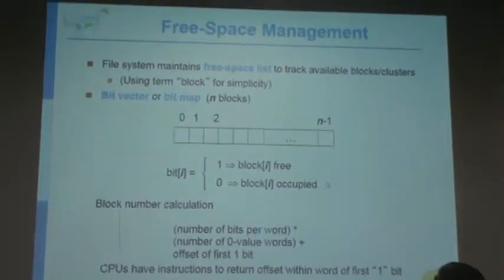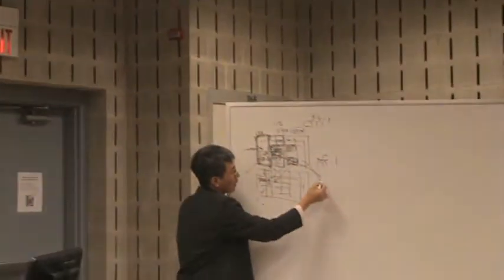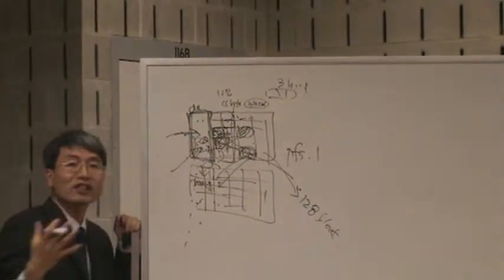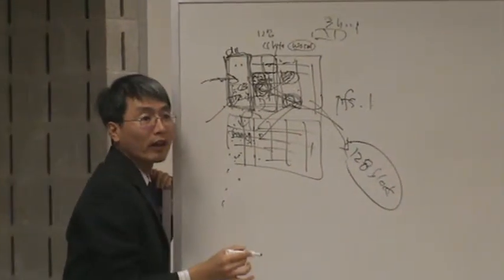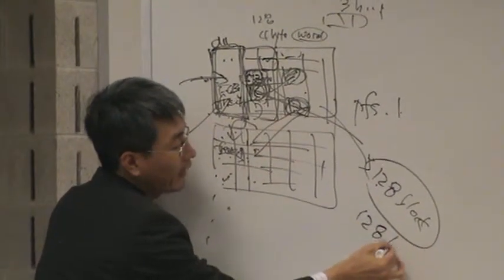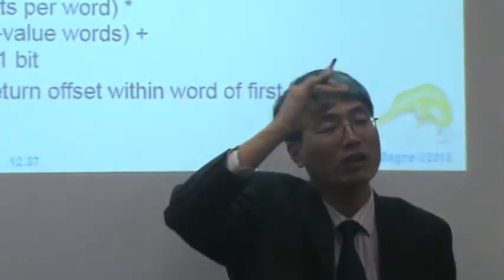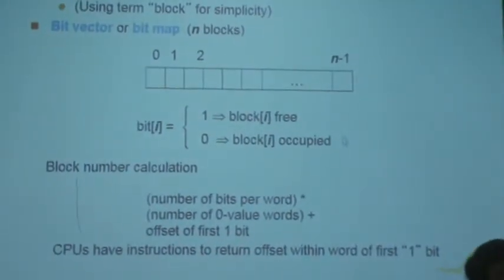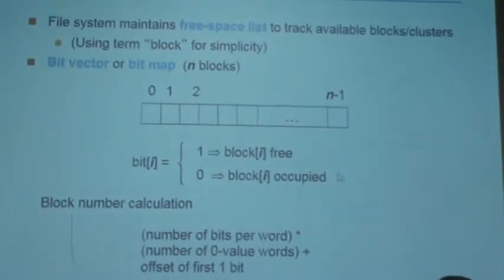For example, if we have 128 blocks in the file system, and we want to manage a maximum of 128 blocks, we need a 128-bit string, the bit vector. Each bit represents whether a block is available. If it's free, the flag value is 1; otherwise, if it's used, you set it to 0.